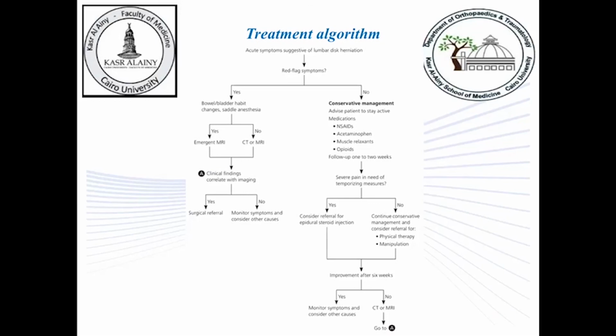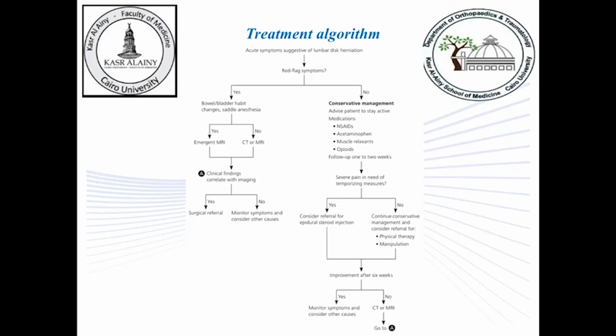If there are no signs or symptoms of cauda equina syndrome, then an elective CT myelography or MRI should be done, and then the patient should be clinically assessed for having surgical intervention or just monitoring the symptoms and considering other causes.